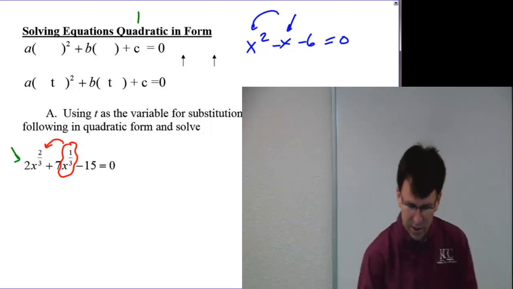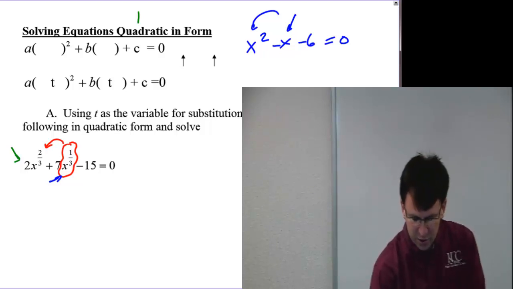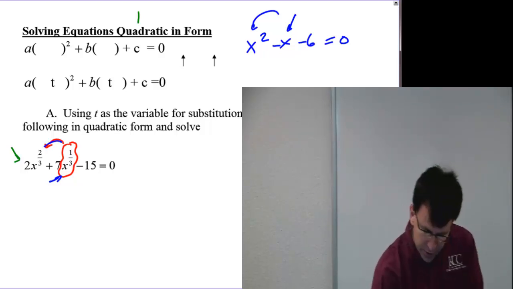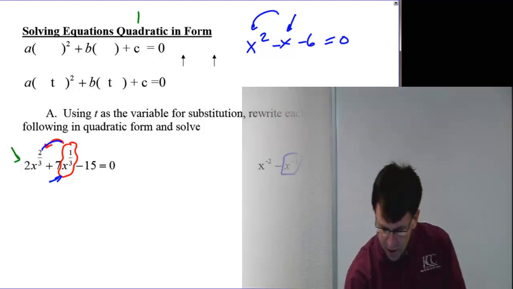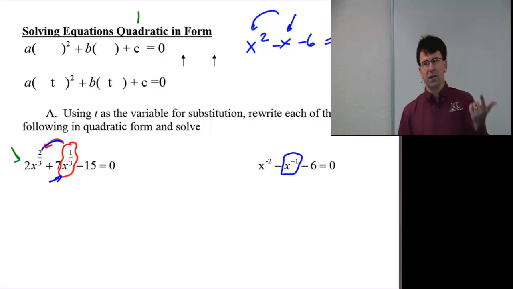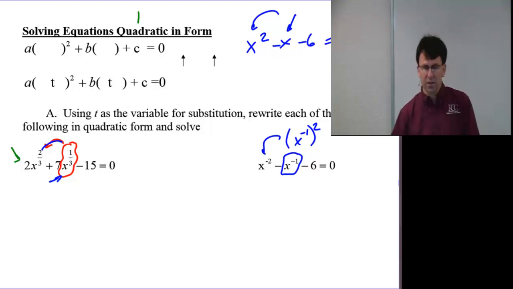So quadratic in form, looking back over here, if we have that x^(1/3), when we square that, we'd get x^(2/3). Looking over here, quadratic in form, that's x^(-1). x^(-1) squared would produce x^(-2).